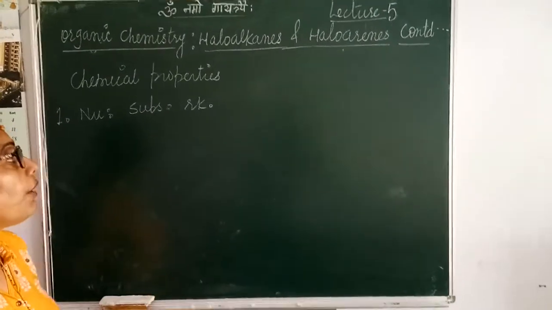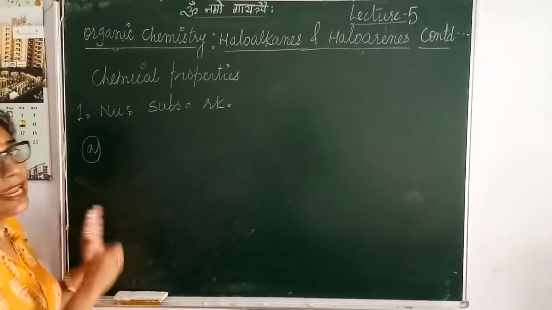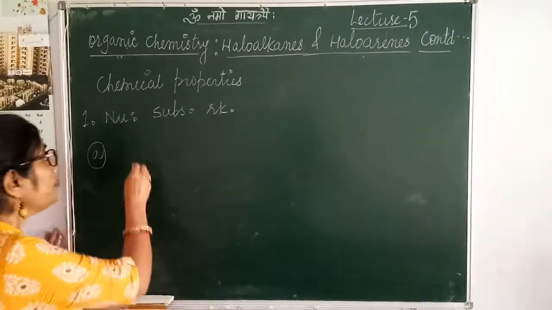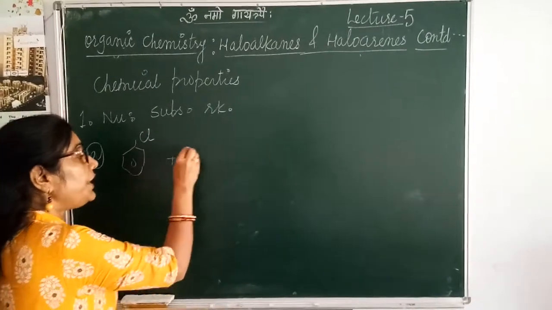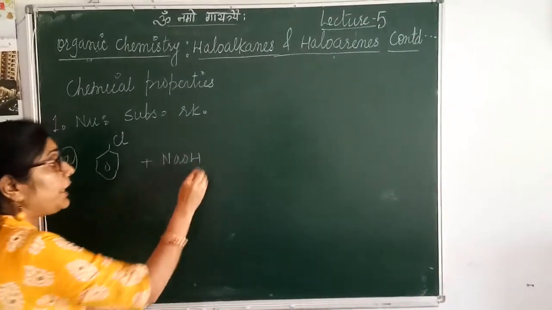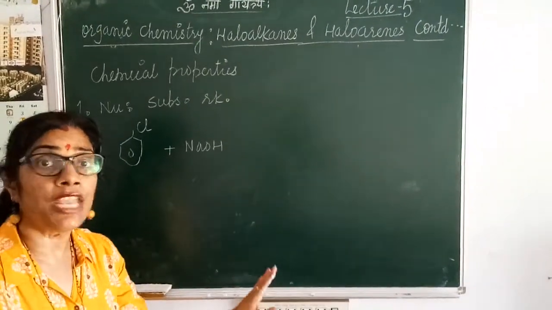But in spite of that, there are certain reactions which take place under drastic and catalytic conditions. When haloarenes are treated with NaOH under normal conditions, without temperature, pressure, catalyst, no reaction.